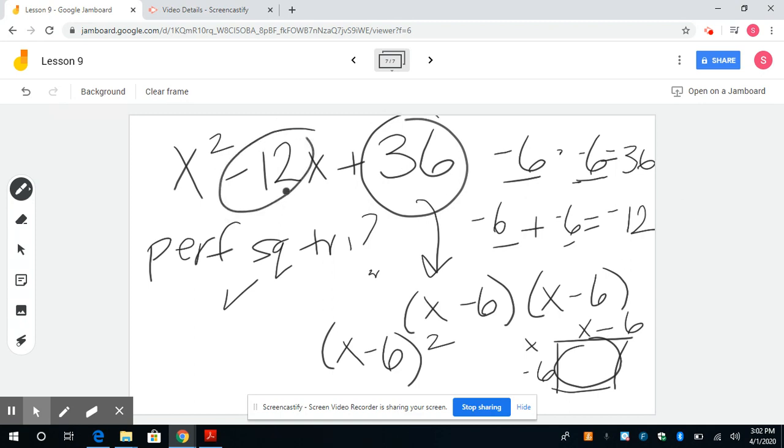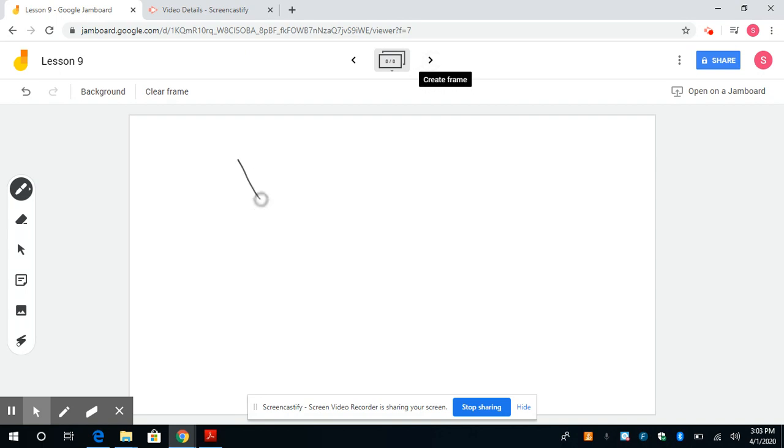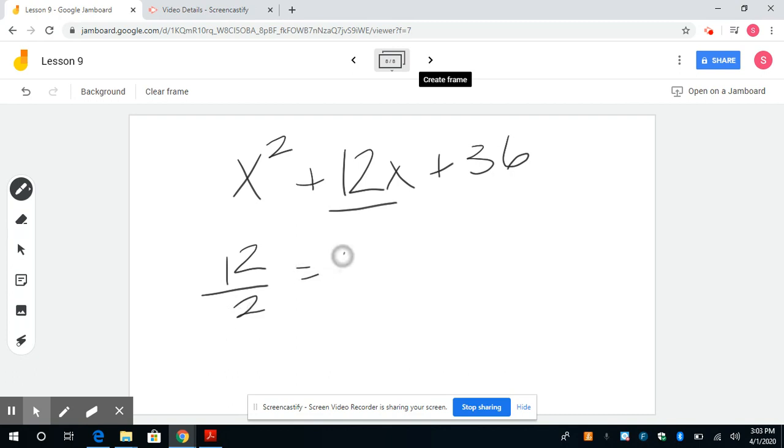So it works. The pattern here is if you take this middle term, this linear term, and you halve it or divide it by 2, that's going to be the number inside your perfect square trinomial when you write it in factored form.